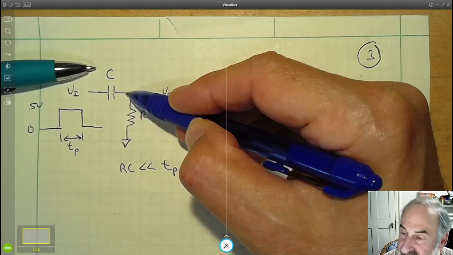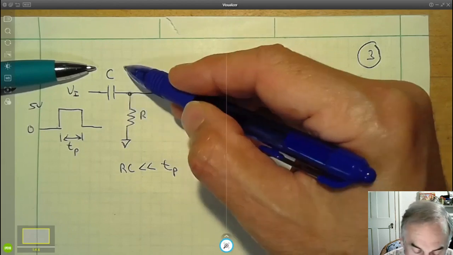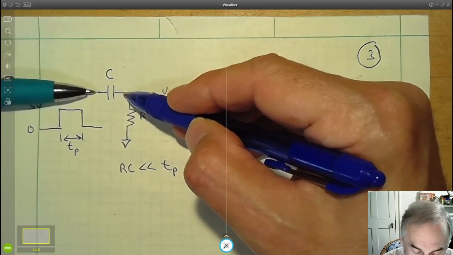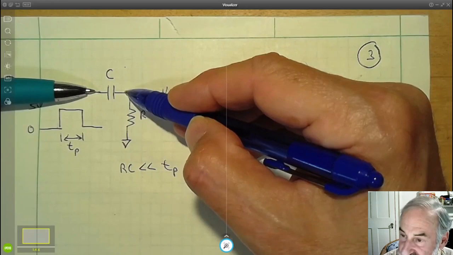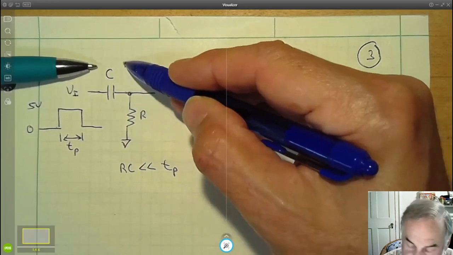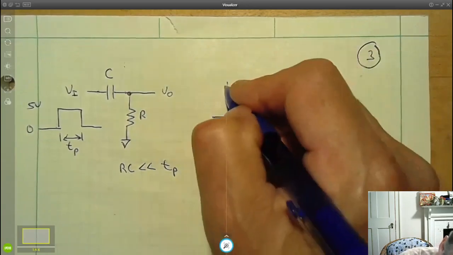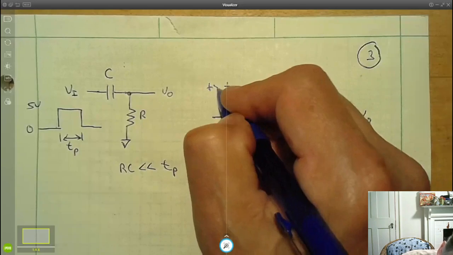The only way to maintain 0 volts across the capacitor is for this voltage to jump up to 5 volts too. It's 0 volts here, it has to be 0 volts here. So at this point, the voltage at V out has to change to plus 5 volts.